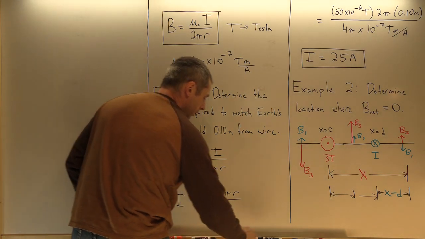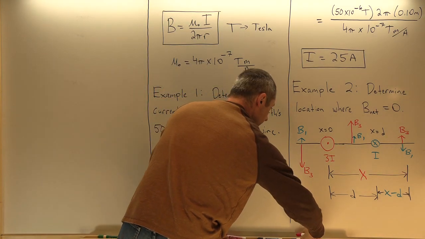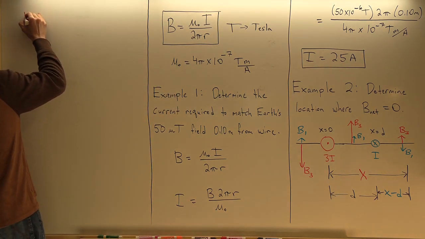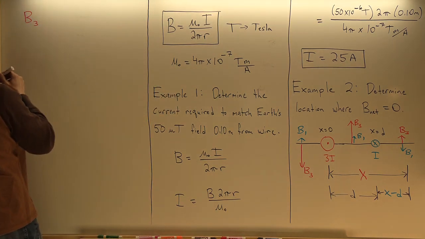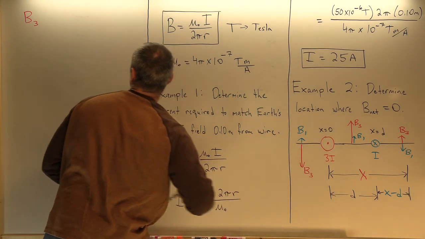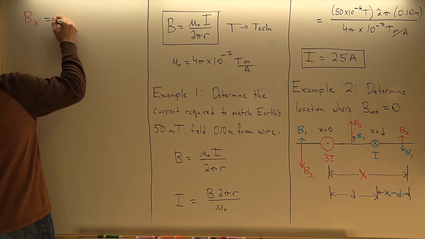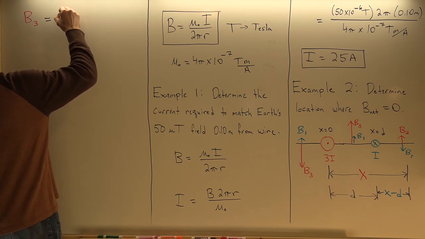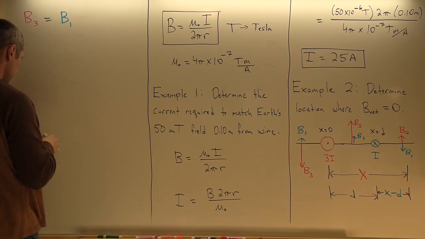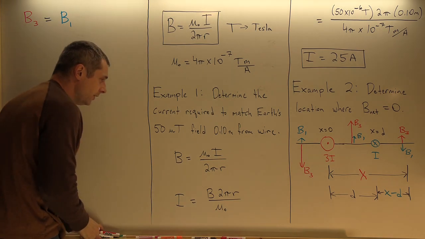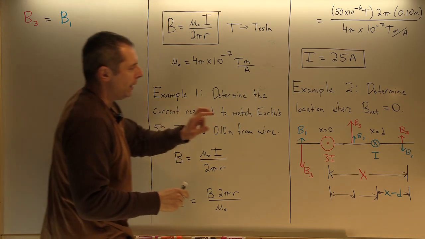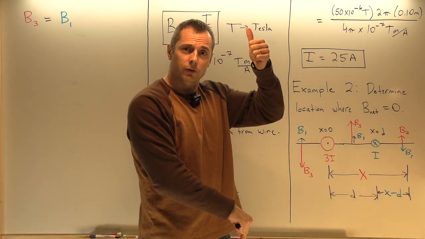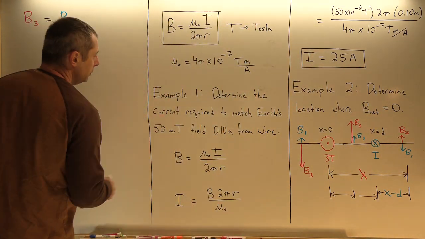Okay, so I'm going to set B3 equal to B1. So that's the idea of how I know the net magnetic field will be zero, because they're equal and opposite in direction. Now let's plug in the data.